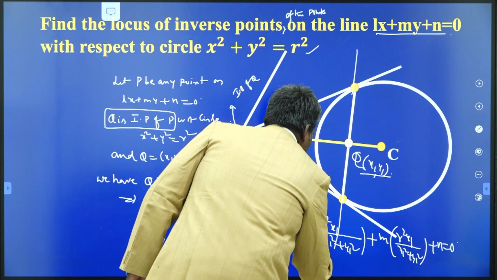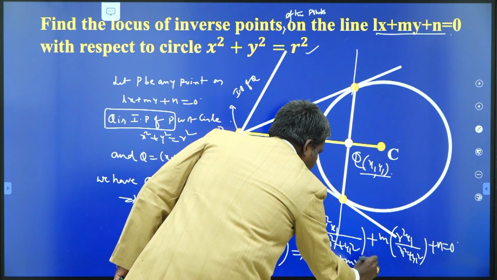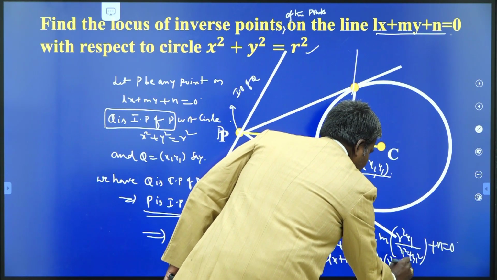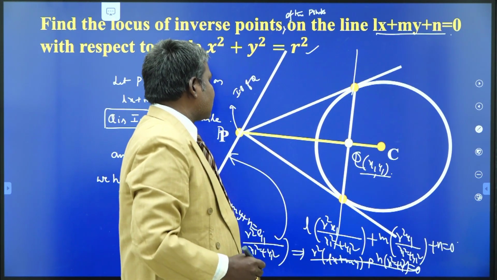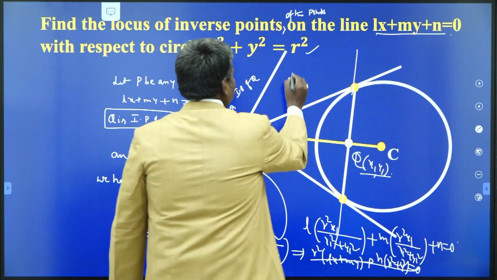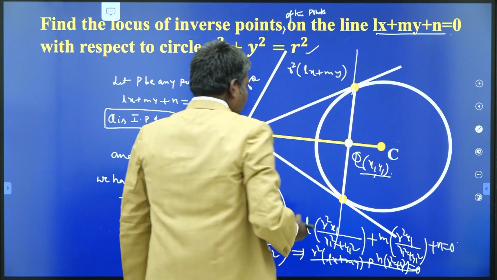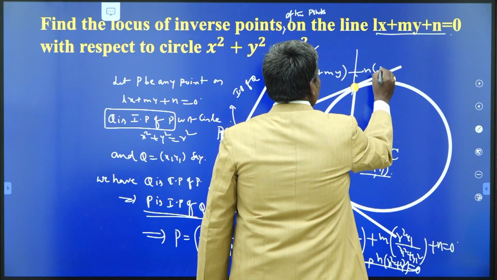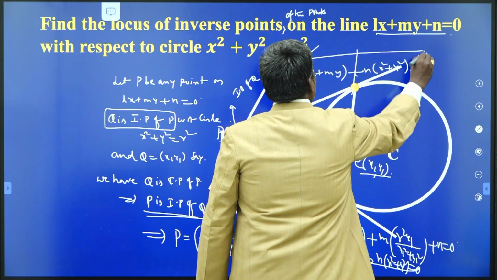Therefore, the locus is nothing but r square into Lx plus My plus N times x square plus y square is equal to 0. So, your locus is r square into Lx plus My plus N times x square plus y square is equal to 0.